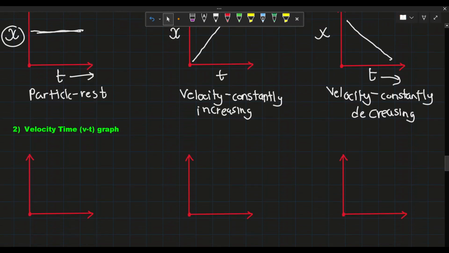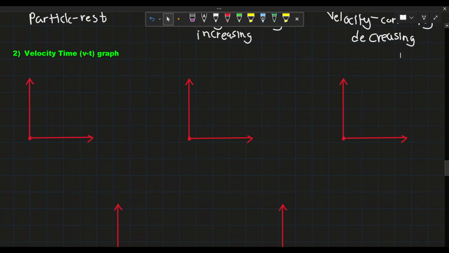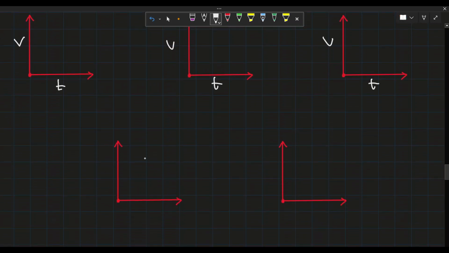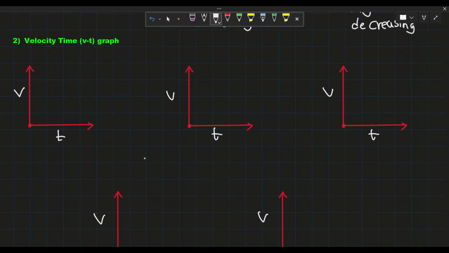Moving on to your next, which is your velocity time graph, where velocity is in your y-axis and your time is in the x-axis. Your first graph, which is a straight line, this basically means that your velocity is remaining the same with respect to time.